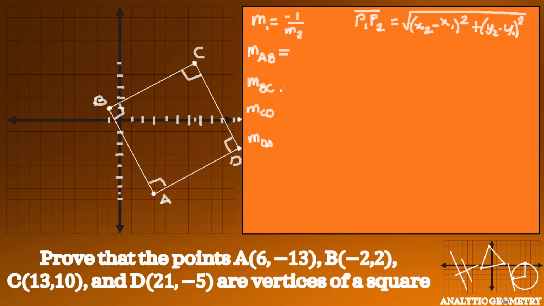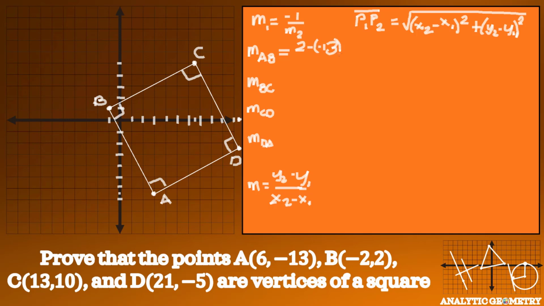So the slope has the formula, I forgot to write the formula for the slope. It's y sub 2 minus y sub 1 over x sub 2 minus x sub 1, depending on which point you're referring to, point 2 and point 1. So for AB, let's pick B as our second point. So y sub 2 is 2 minus y sub 1, which is negative 13.